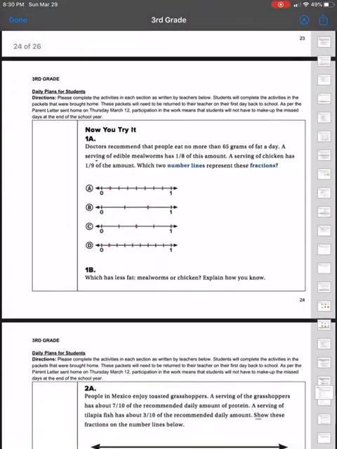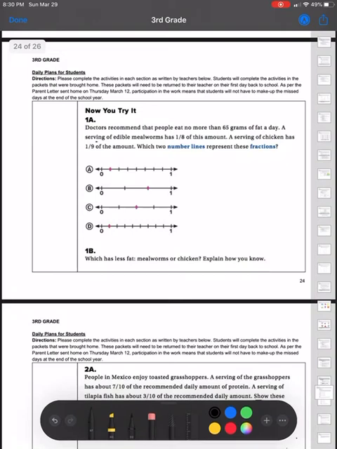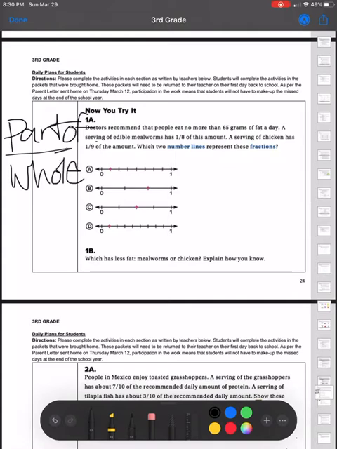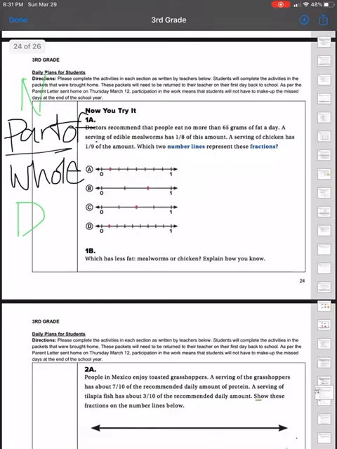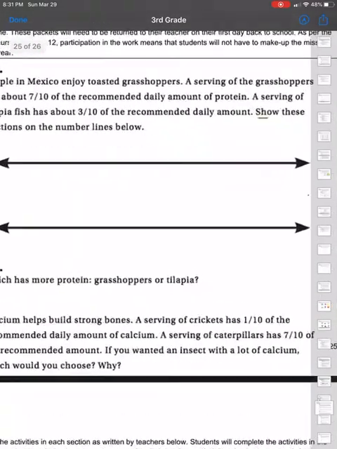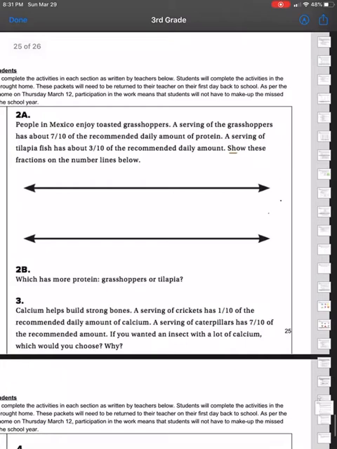So remember, when we look at fractions, fractions are part of a whole, and the top number in a fraction, as we all remember, is called the numerator, and the bottom number is the denominator. So with that, I'm going to talk you through number 2, because number 2 is a little tricky.